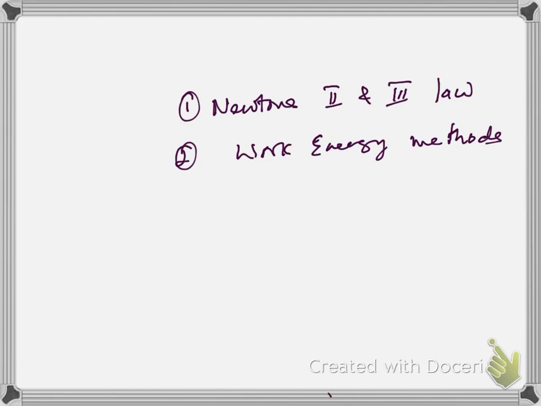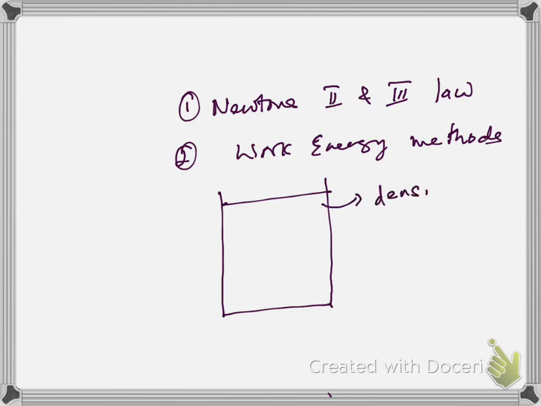So suppose I have this container, I have liquid in it, liquid density is rho. What is density? Density is mass of unit volume of liquid, that is, mass of 1 meter cube volume of liquid. Density of a substance is mass of unit volume of that substance.